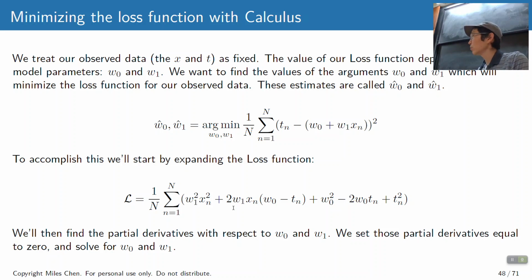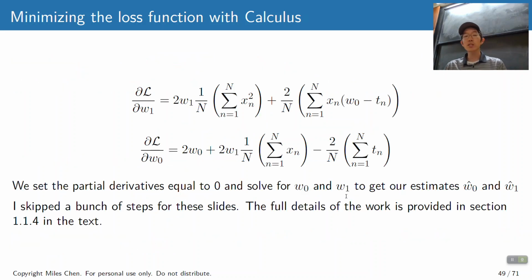And then what would we do if we did calculus? We would take the partial derivative of this loss function with respect to w0. We would also take the partial derivative with respect to w1. We would set those derivatives equal to 0, and now we have two simultaneous equations. We would solve them simultaneously, and I've skipped all of that work. If you want to refer to the work, you can look in your textbook. This is not the point of the lecture, so I'm skipping over those things.